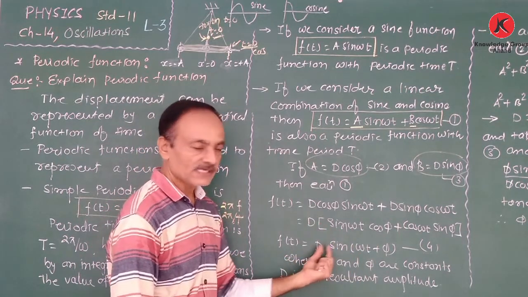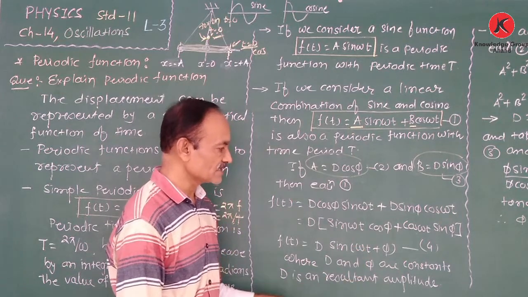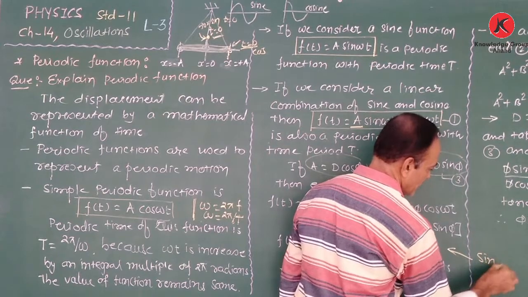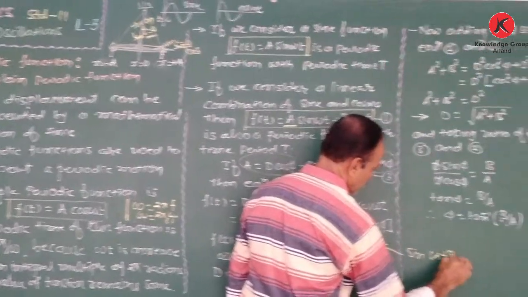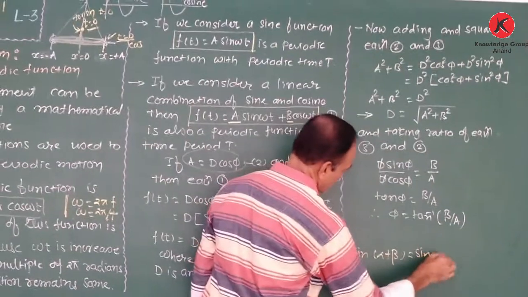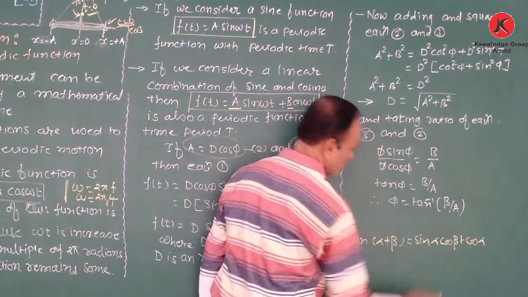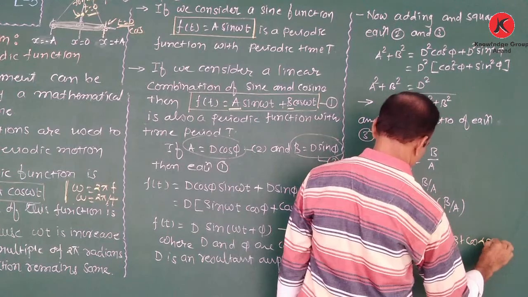Therefore D sin(omega t plus phi). We obtain this using the equation sin(alpha plus beta) is equal to sin alpha cos beta plus cos alpha sin beta.